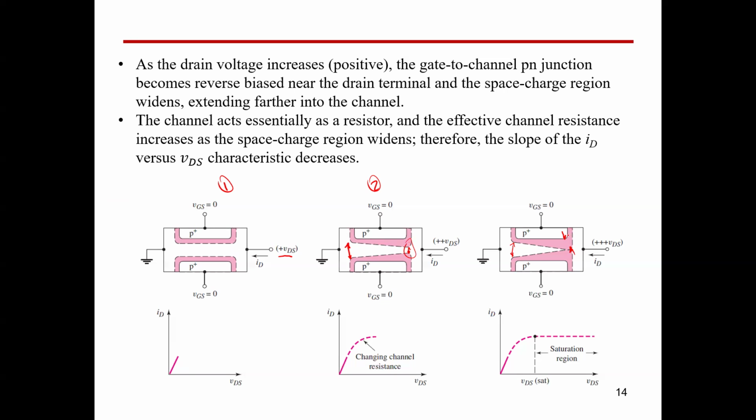The more voltage means a more reverse biased PN junction, wider depletion regions, and a smaller width of the N channel, until having a very small value like that. So the current will be saturated, as you can see here in this figure. Okay, guys. So this is now a complete characteristic of a JFET at VGS equals 0.